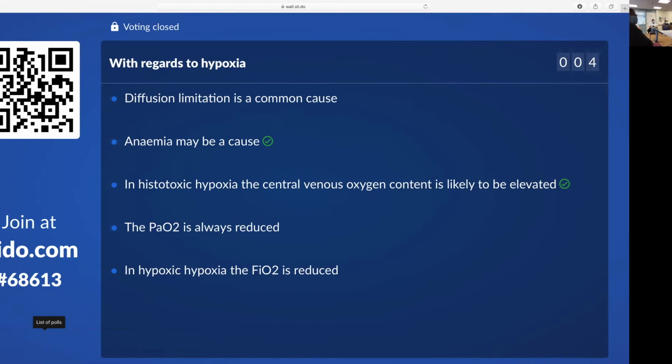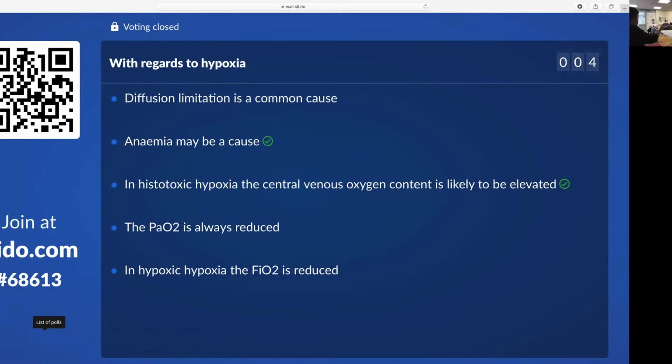So what is a common cause of hypoxemic hypoxia, if it's not diffusion? We talked about four different causes of hypoxemic hypoxia just now, so what were the other ones? So there was diffusion limitation. Reduced inspired oxygen tension, exactly.